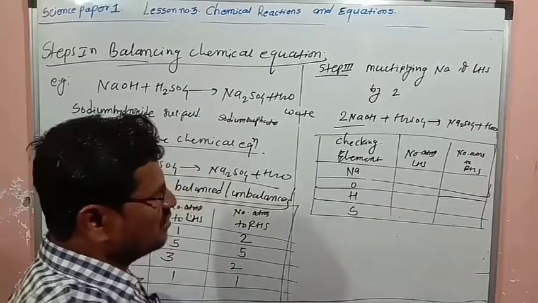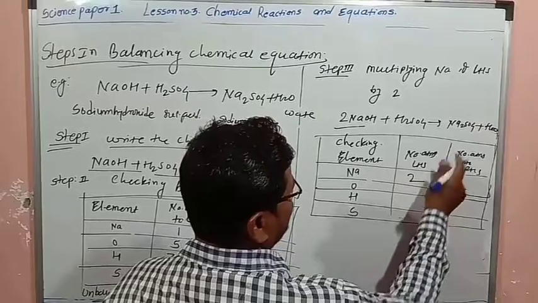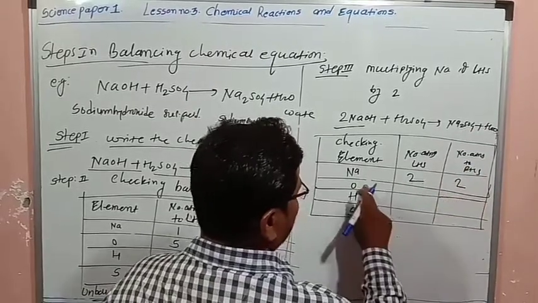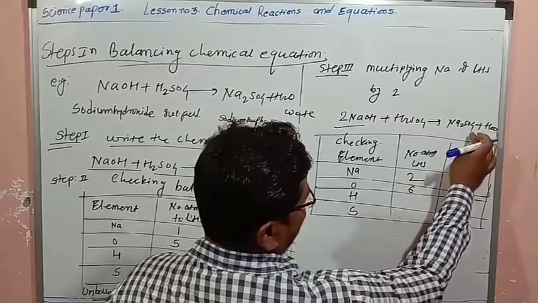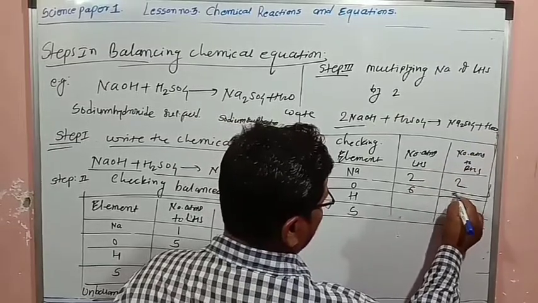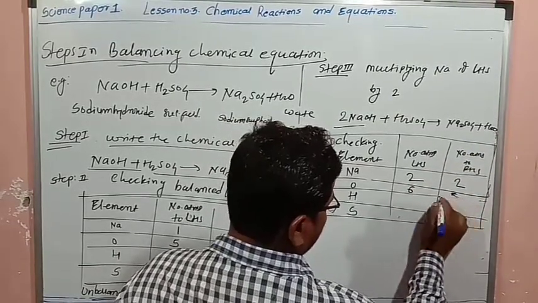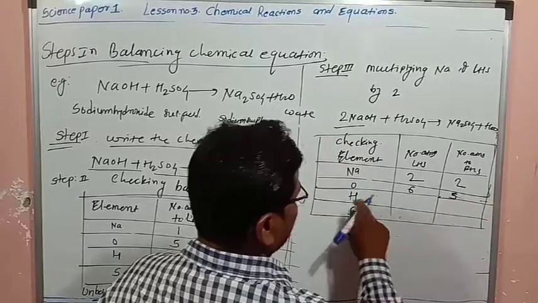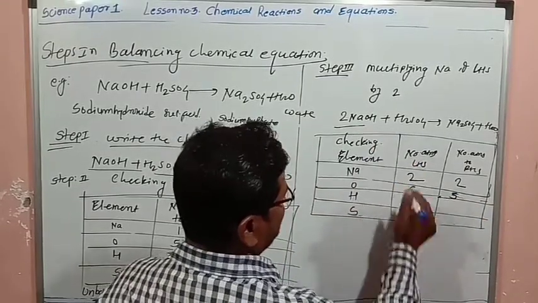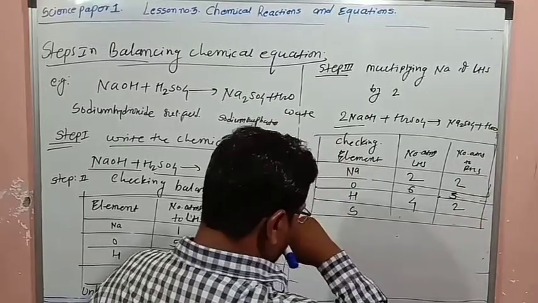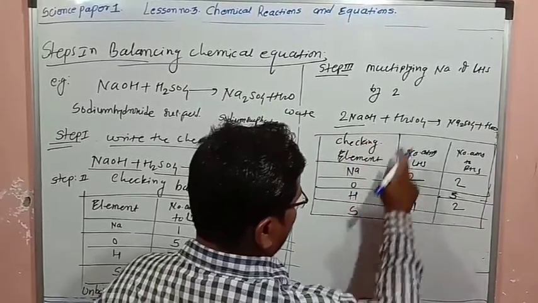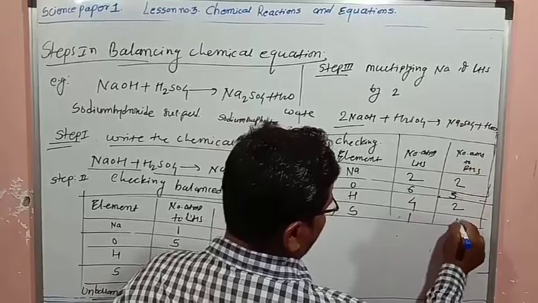Sodium on the LHS 2, on the RHS 2; oxygen 2 plus 4, 6, here 4 plus 1, 5; hydrogen 2 plus 2, 4, here only 2; sulfur this side 1 and that side also 1.